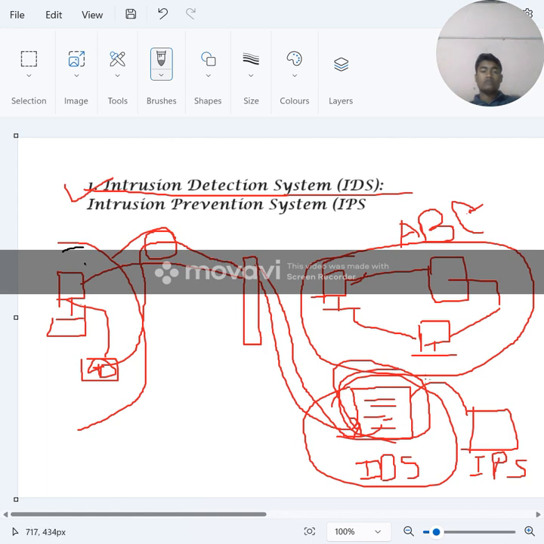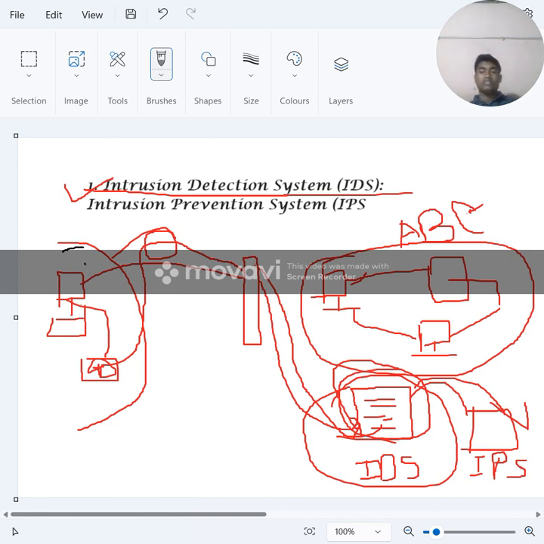Then the IDS forwards the packet to the IPS system, but the IDS detects the malicious software and malicious code. That is the main point of the IDS. Now, what is the IPS? The IPS goes beyond detection by actively blocking or mitigating threats in real time.